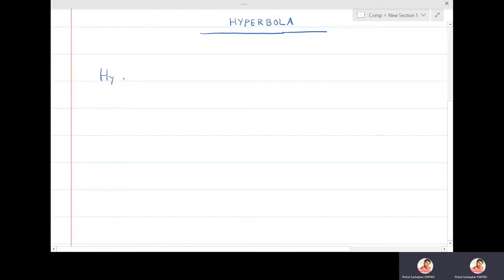We know that a hyperbola is given by x square upon a square minus y square upon b square is equal to 1. And what are the parametric equations?